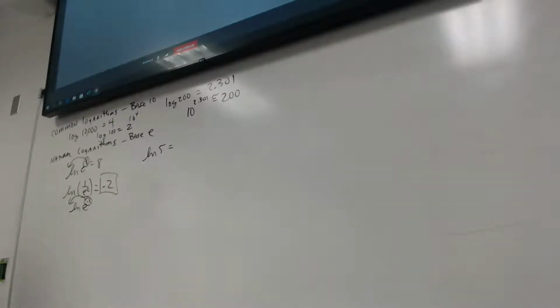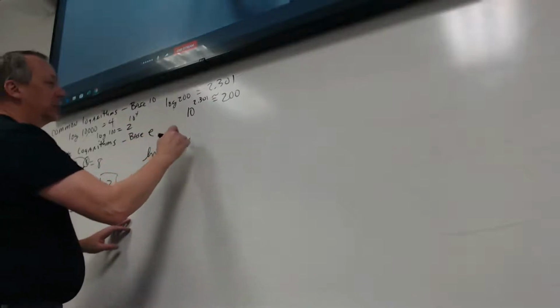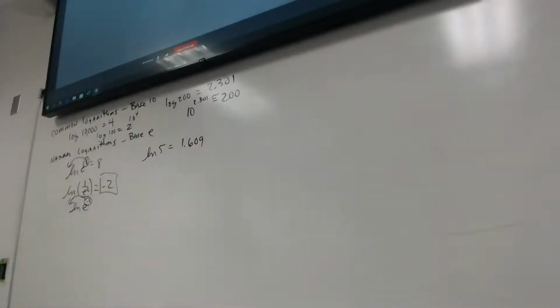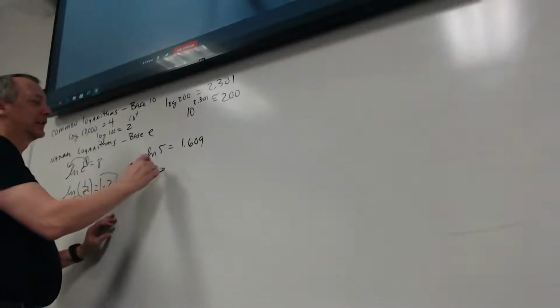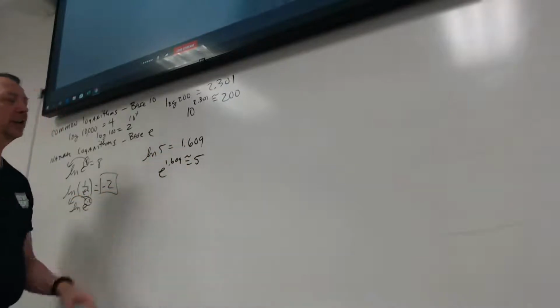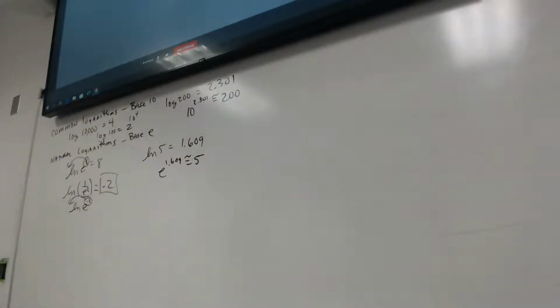Lauren's got it. ln of 5 is? 1.609. Everybody can do that in your head, right? But Michael, now that you know that, you could write that as an exponential equation: e to the 1.609 equals approximately 5. Okay? All right.